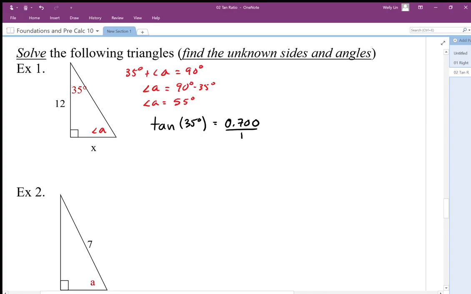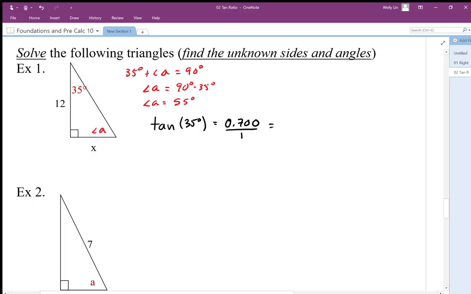So what I know about this triangle is that this rise of x and run of 12, opposite over adjacent, is going to be 0.7 to 1. We know that that ratio is the same similar ratio to what these two sides are going to give us.